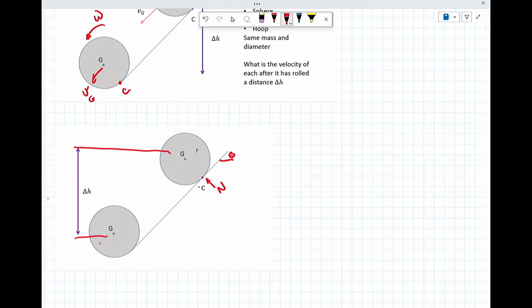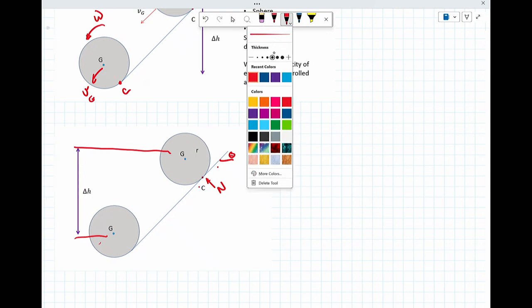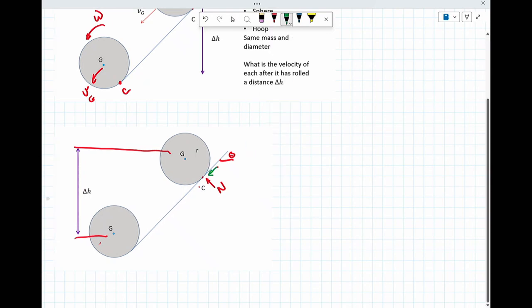There is rolling. Force of friction. And I have weight. And same thing here. And then 1 and 2.